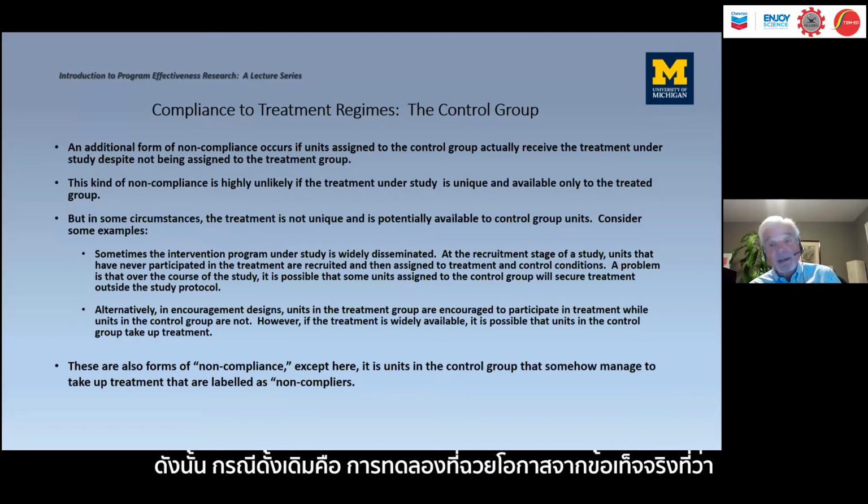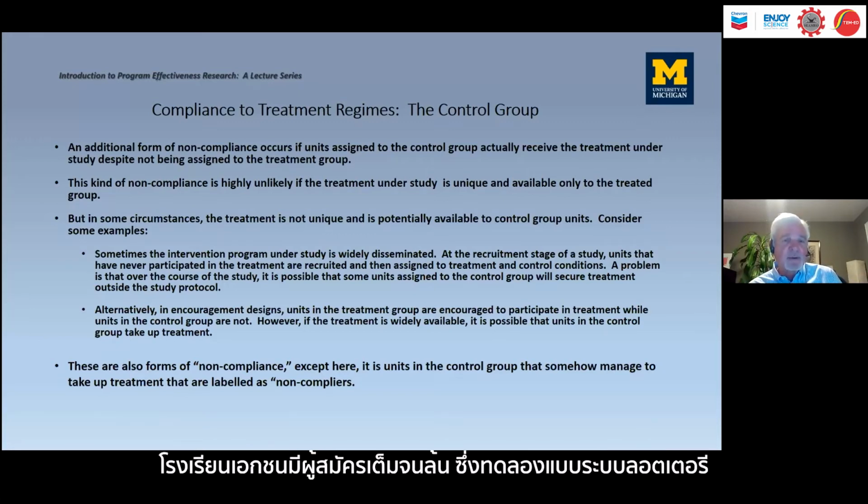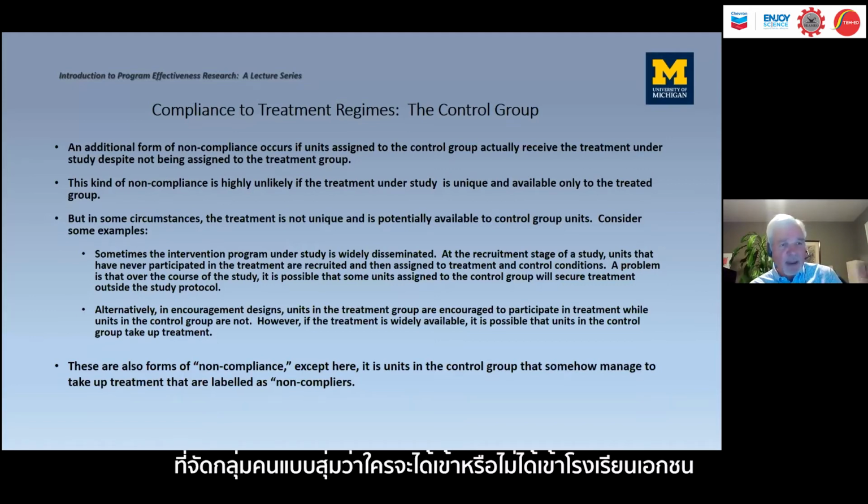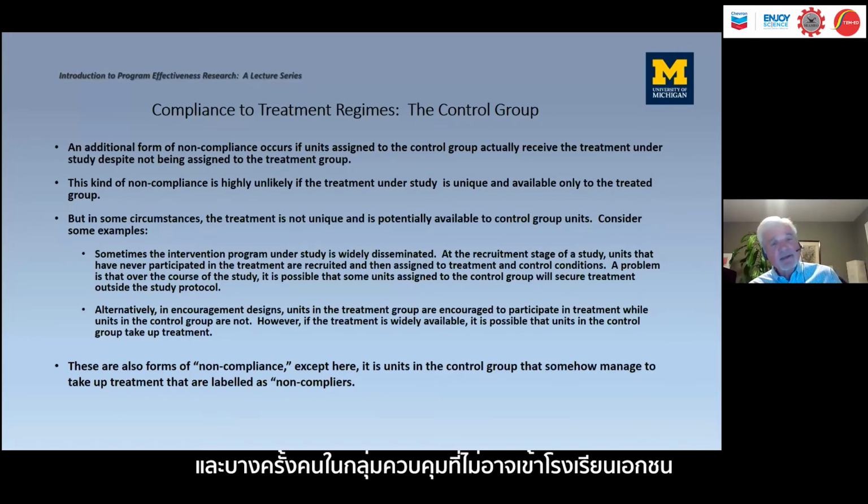So the classic case of this is the experiments which capitalize on the fact that private schools are over-enrolled, run lottery experiments that randomly assign people to be able to attend the private school or not. And occasionally people in the control group who can't go to the private school they were lotterized on end up going to another private school, and so we have non-compliance.